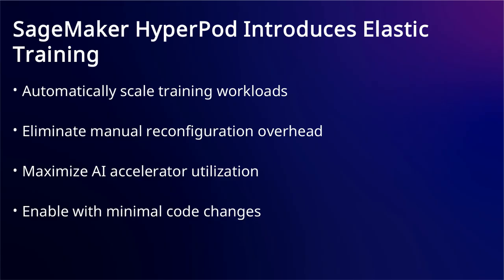You can automatically scale training jobs to use idle AI accelerators, eliminate manual reconfiguration overhead, maximize utilization of expensive compute resources, and enable this functionality with minimal code changes. This allows you to start training immediately with minimal resources, grow opportunistically as capacity becomes available, and ultimately accelerate your time to market while reducing infrastructure management time and costs.